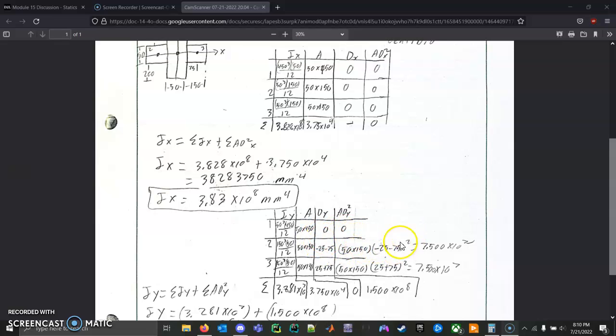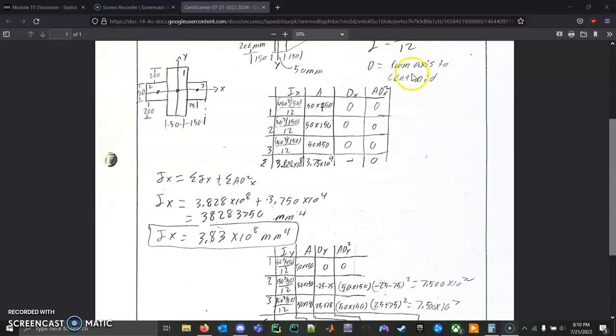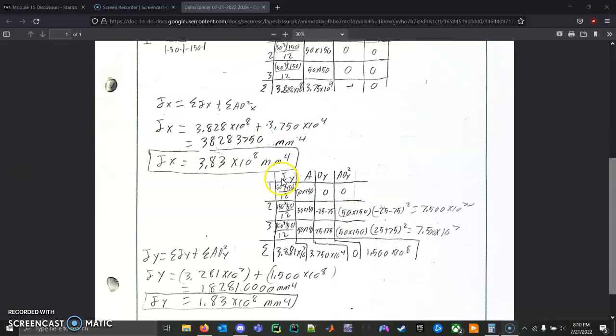Yet when you solve it, since it's squared on the end for your dy, for A dy squared, you're going to get the same answer, which is 7.500 times 10 to the 7th. And I, yet again, just summed it using my calculator. I got 3.281 times 10 to the 7th for the Iy, and 3.750 times 10 to the 4th for my area.